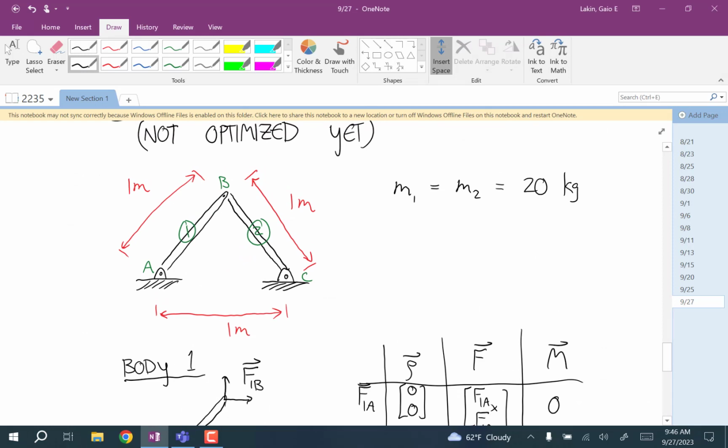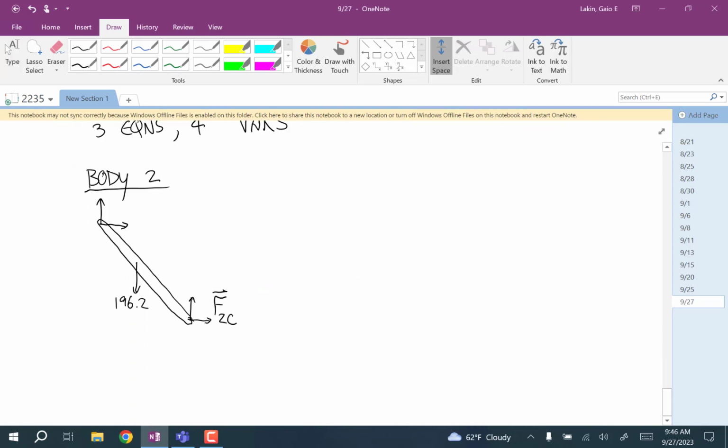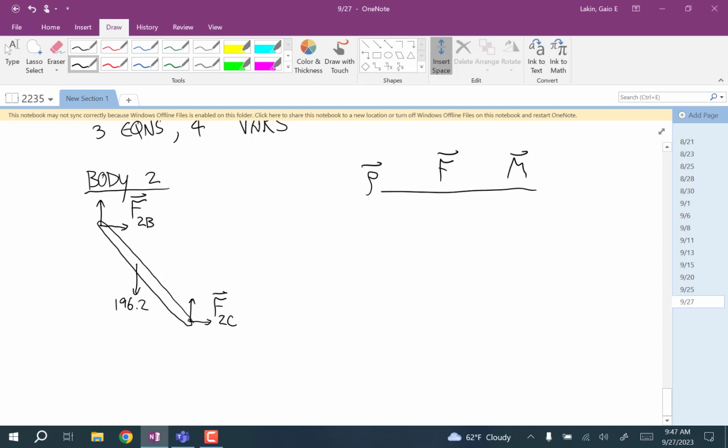It's only touching that pin. Okay, so we have the force F2B, force onto by B. Okay? And now we'll calculate these forces in moments.